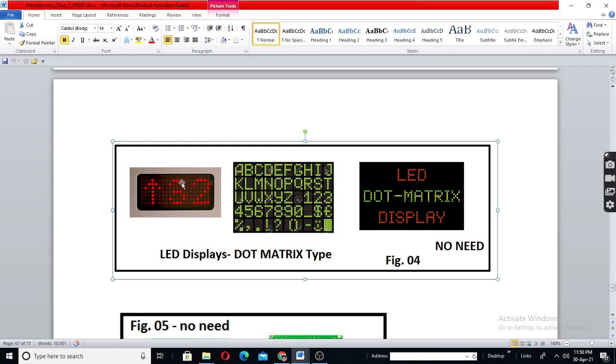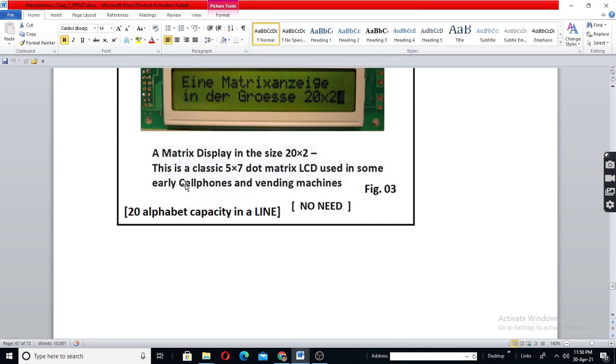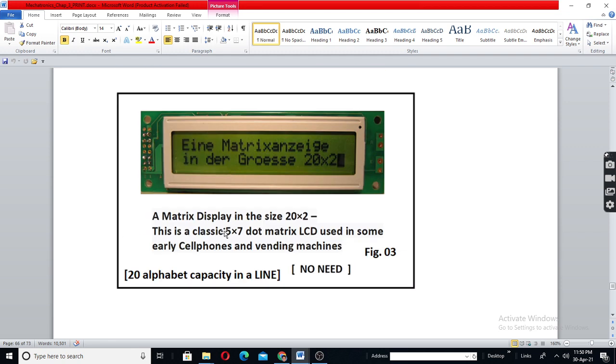For one alphabet, you have 7 dots by 7 dots, but usually it will be 5 by 7. This is a 5 by 7 dot matrix display.